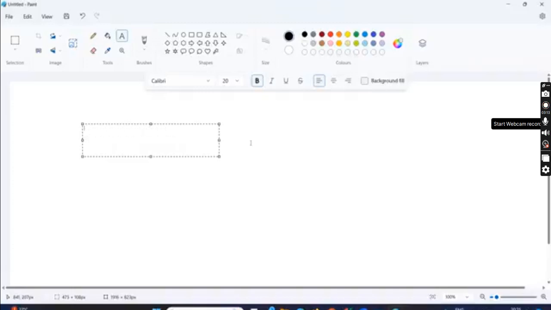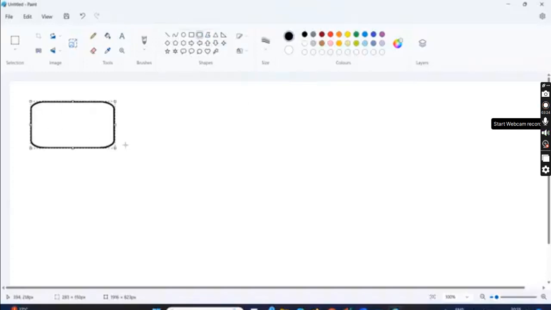Let's take an example: in a company there are different divisions. So this is the procurement department. What does the procurement department do?